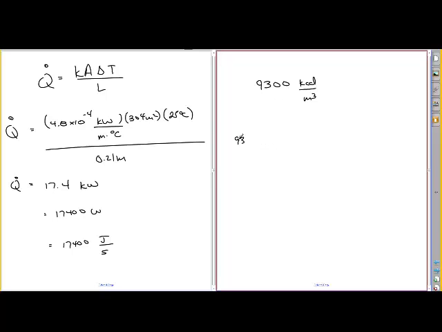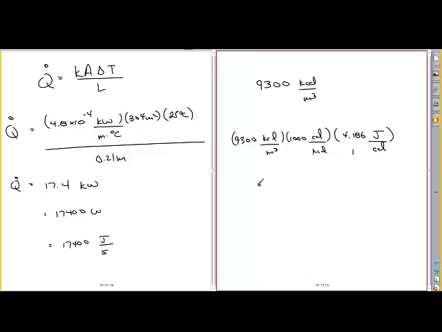Okay, so we take 9,300 kilocalories per meter cubed, and if we multiply by 1,000, that'll get us into calories. So there's 1,000 calories per kilocalorie. Okay, now what we need is a conversion from calories to joules. So we have 1 calorie is 4.186 joules.